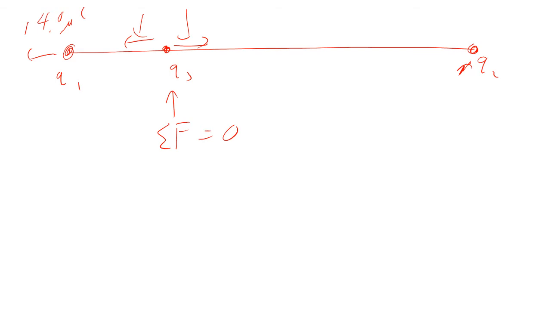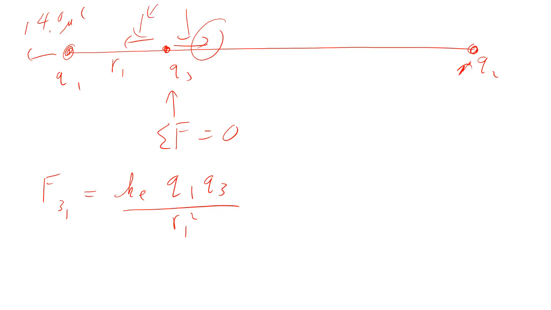So this force right here, that's the force on charge 3 due to charge 1. Okay, so that's going to be K sub E, Q1, Q3 over, we can call that distance R1, over R1 squared. This other force over here, that's the force on charge 3 due to charge 2.